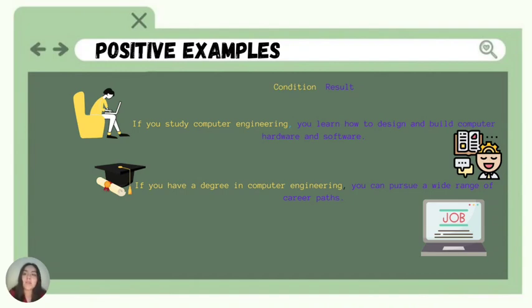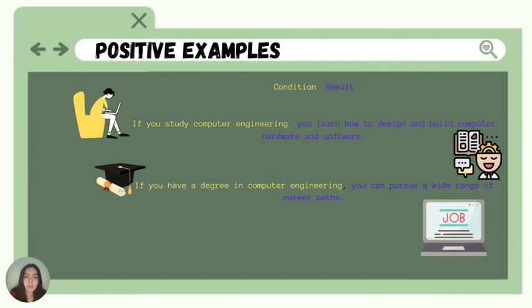Here are some positive examples of zero conditional. The structure is condition, result. Example number one is: if you study computer engineering, you learn how to design and build computing hardware and software. In Spanish: si estudias ingeniería en computación aprenderás a diseñar y construir hardware y software.